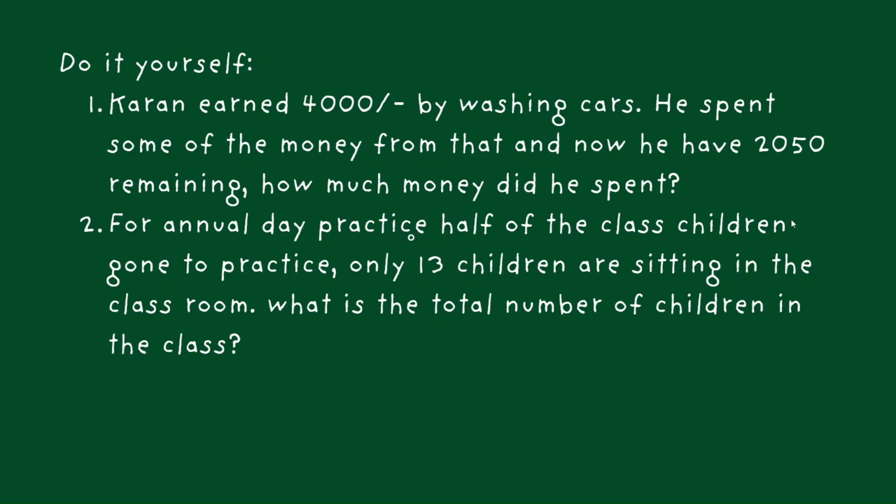For annual day practice, half of the class children went to practice. Only 13 children were sitting in the classroom. What is the total number of children in the class? This one we can subtract directly, 4,000 minus 2050, and find the answer easily. But we need to derive the algebraic equation from the statement problem.